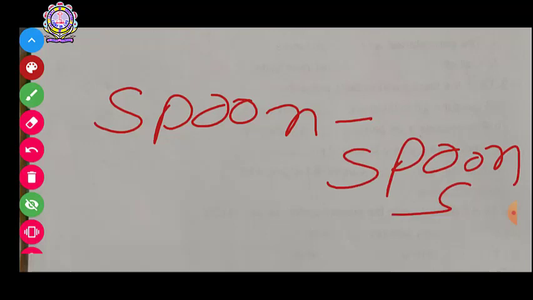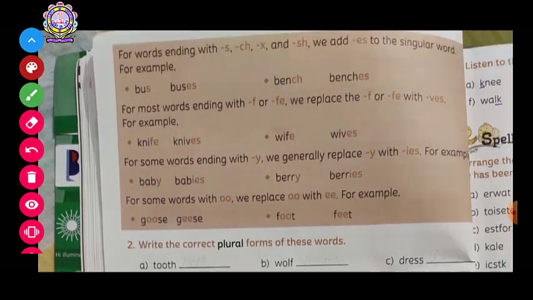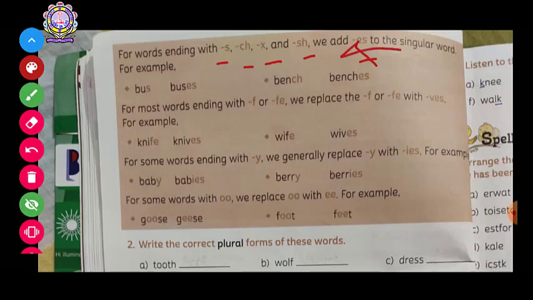But here the case is something different. Here it is saying that if at the end of the word S, CH, X or SH is there, then we have to add ES in it.